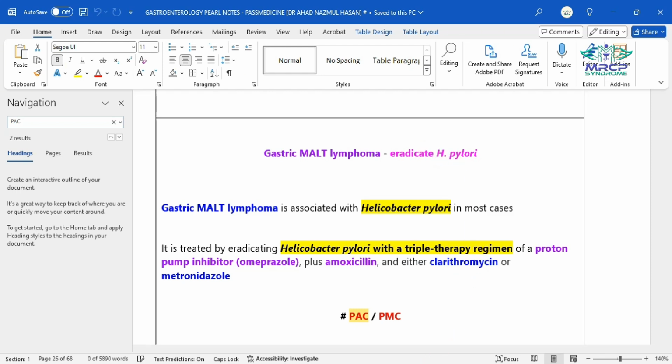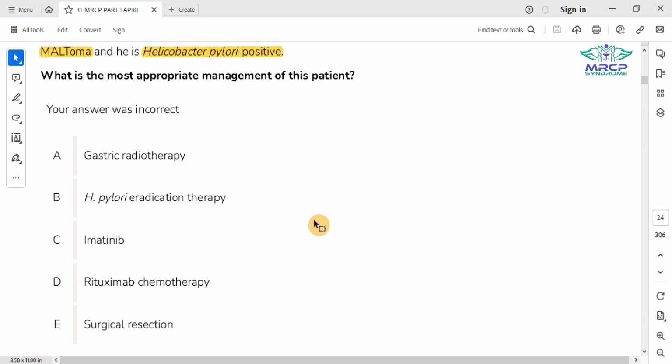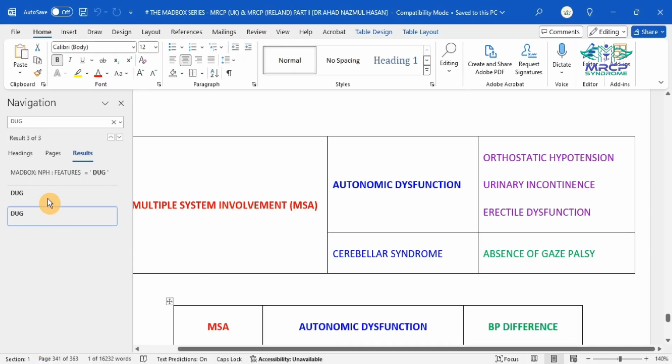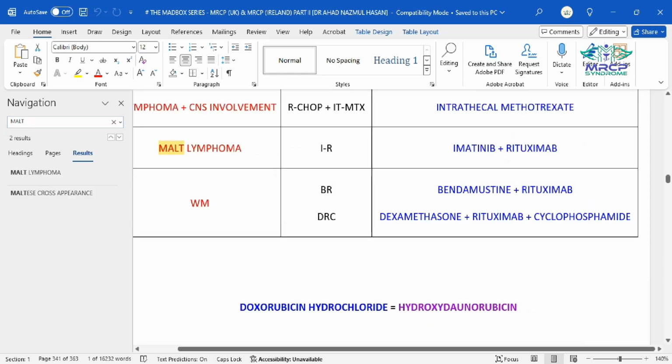And if the patient is unresponsive to both triple therapy and quadruple therapy, what should be the next step? We usually go for a two drug regimen in case of gastric MALToma. If there is no response to triple or quadruple therapy, which two drugs are used?